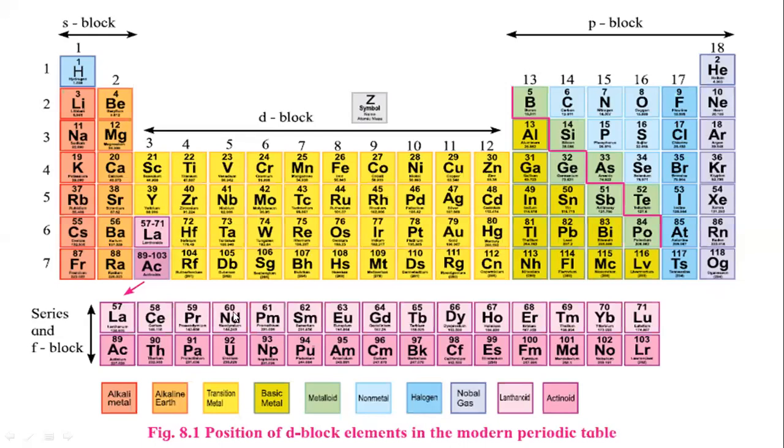These 14 elements are not included. So this is the 3d, 4d, 5d series, and from this 89 to 112, these are the newly discovered elements. Copernicium, this Cn is called as Copernicium or Copernicum. This is the pronunciation of these elements.